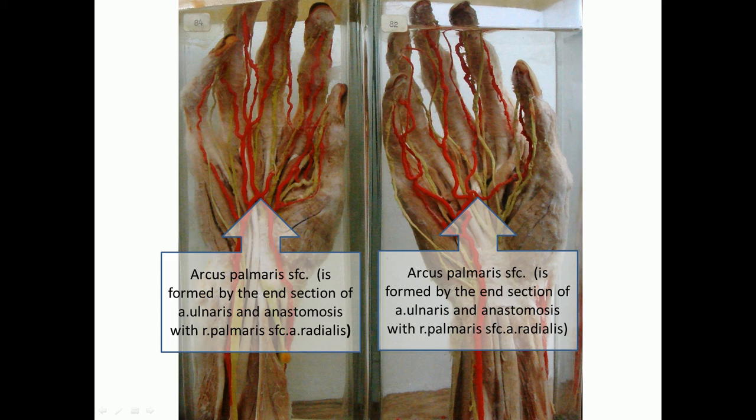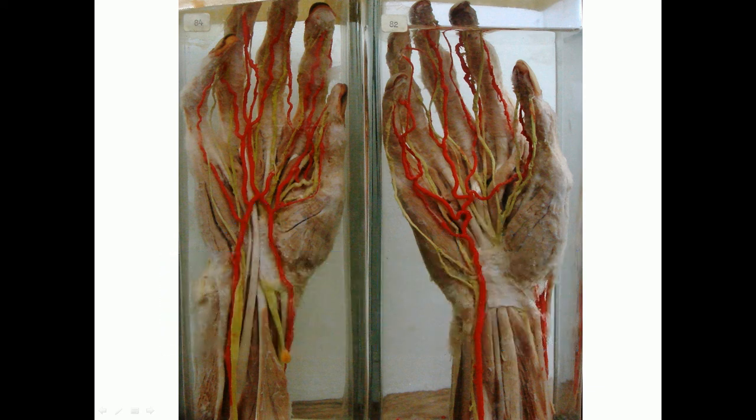But here this ramus palmaris superficialis is quite large with thick diameter, and it passes not typically, not there, but from the end part of the forearm. So it's an unusual situation. It's interesting that we can find such a case. It isn't an anomaly, but a variance, an atypical course, but this variance we can find very often.